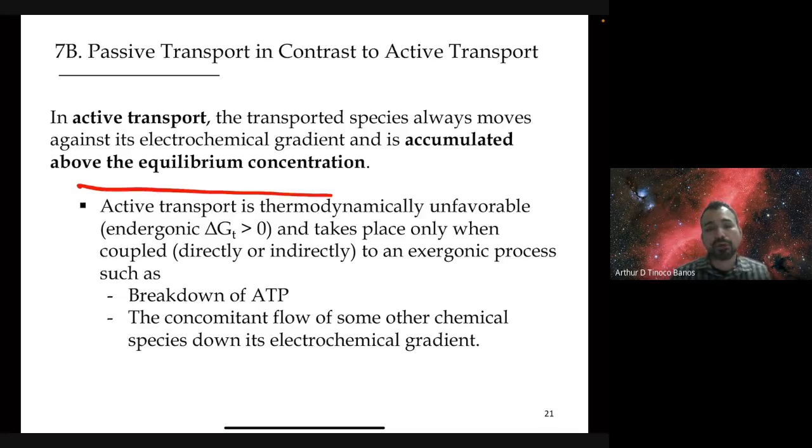An example of what can facilitate this is the breakdown of ATP, because the phosphorolysis of this molecule liberates energy that can supply the energy needed to move that other species against the electrochemical gradient. You can also have a concomitant flow of some other chemical species down its electrochemical gradient. That species is moving along the gradient, which is thermodynamically favorable, and is allowing this thermodynamically unfavorable thing to move against its gradient.